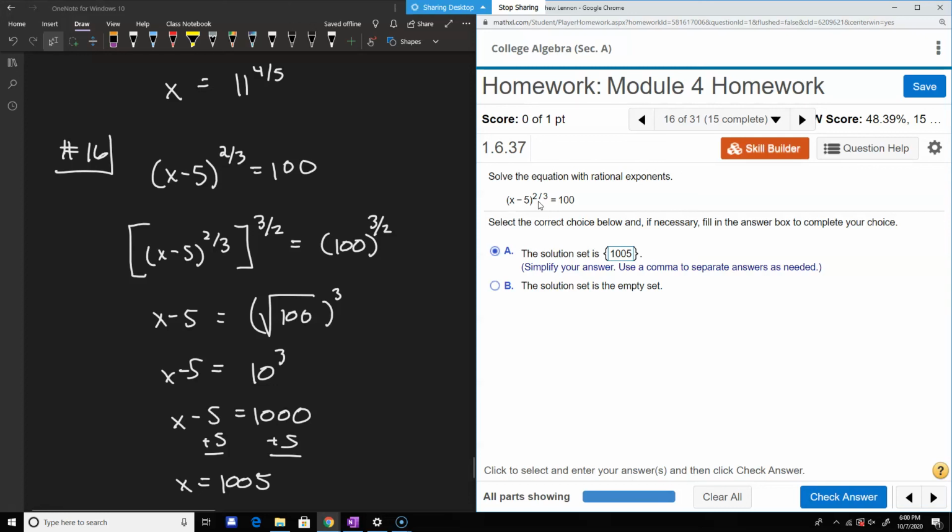That's strange. Am I missing a second solution somehow? How could that be? We're not taking a square, we're taking... The square root of 100 is 10. 10 to the third power, just 3 zeros. 1,000.